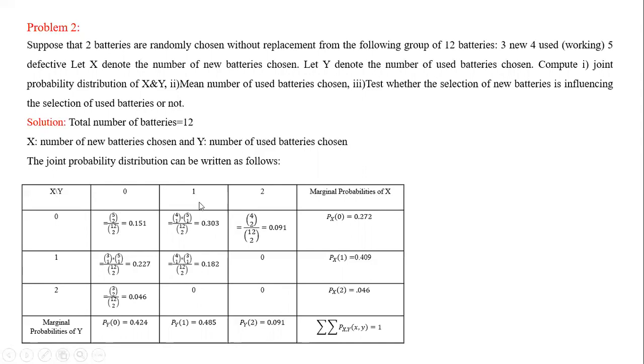This is 4C1 into 5C1 by 12C2. This is 4C2 by 12C2. Next, for x equal to 1, this is 3C1 into 5C1 by 12C2, and 4C1 into 3C1 by 12C2, 0.182, and 0.